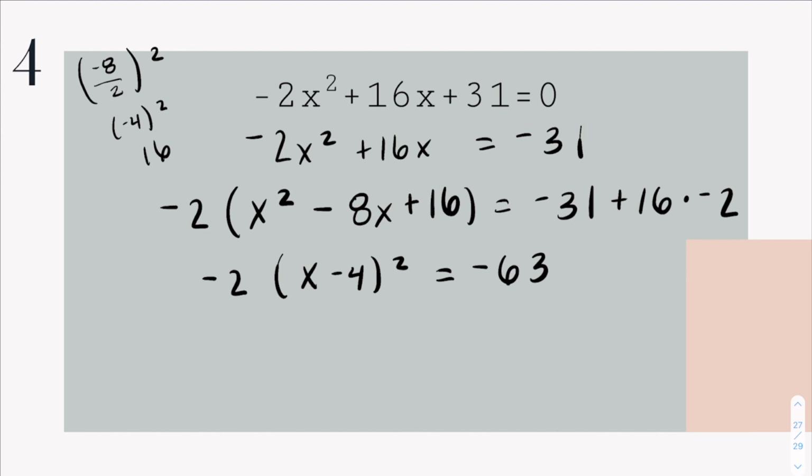And so now we're going to divide both sides by -2. Which gives us a positive 63/2. And now we're going to take the square root of both sides.